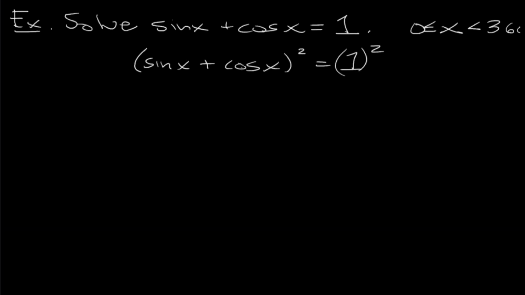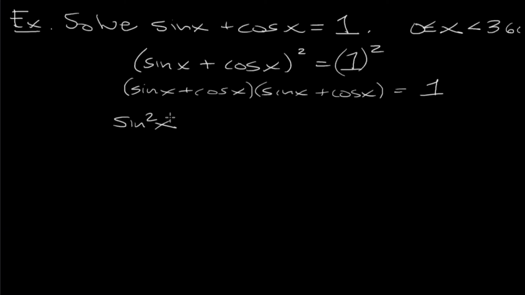But if we do this, this is basically going to be foiling. So this times this. And so if I FOIL that out, I'm going to end up with sine squared. I'm going to have a cosine squared at the other end.